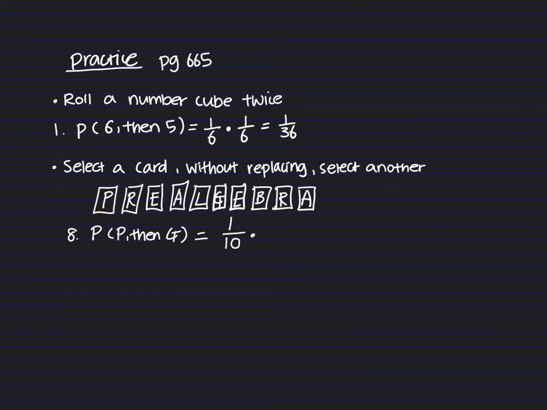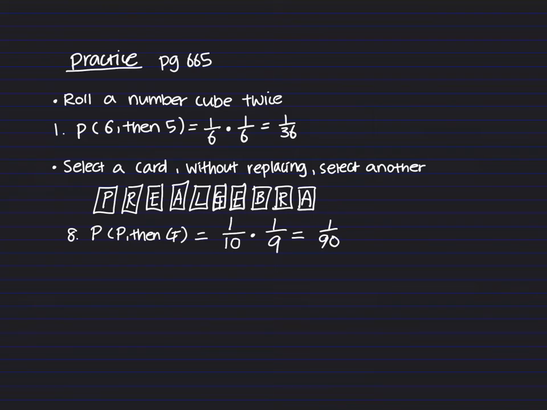After I select a card, I am not going to replace the cards, so my total number of cards will be 9 for the second round. And then, in order to find the G, I just count the number of G's, which is just going to be 1 again. So I just have to multiply the two probabilities, and it's going to give me 1 out of 90.